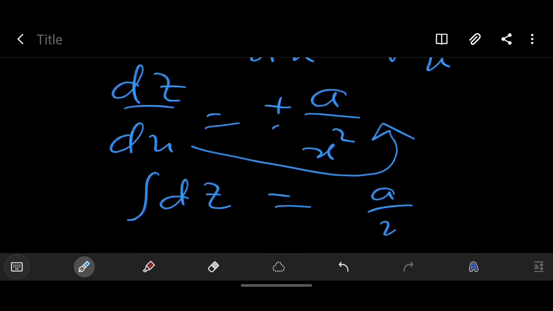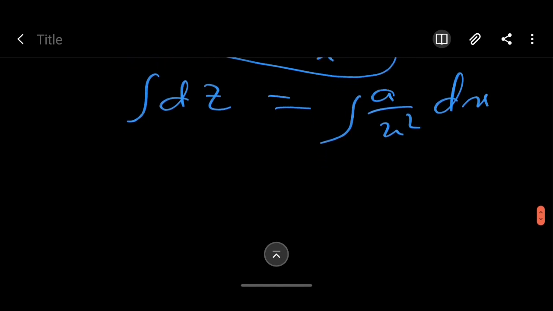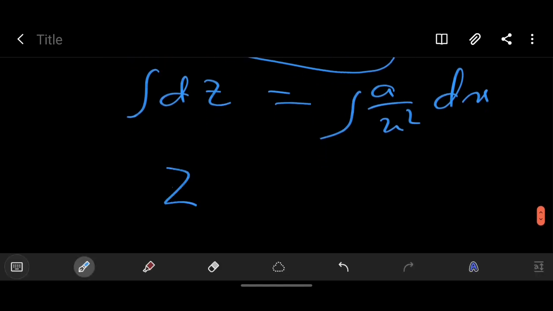So a by x squared dx, and we integrate this. Integration of dz is just z, so we will get our z. Integration of a by x squared, a is constant, and 1 by x squared integrates to minus 1 by x.